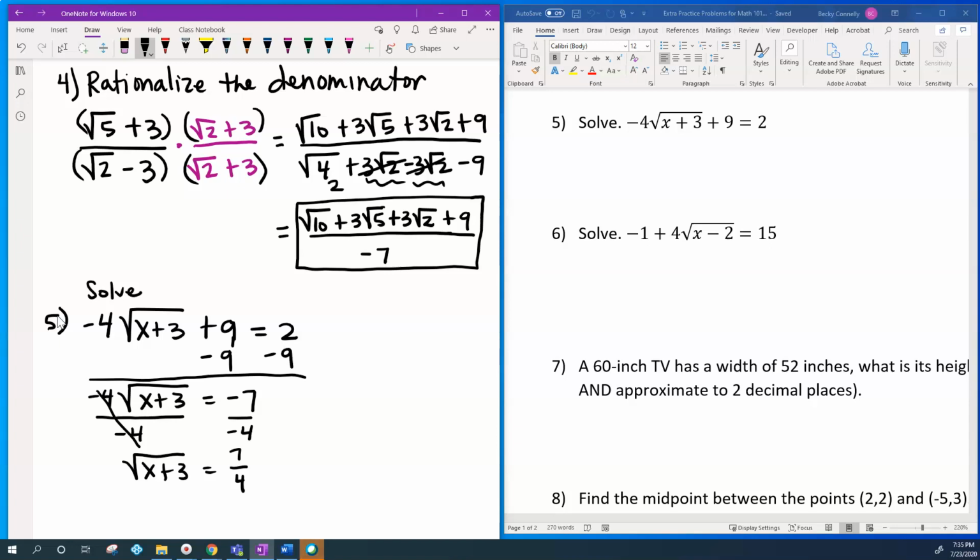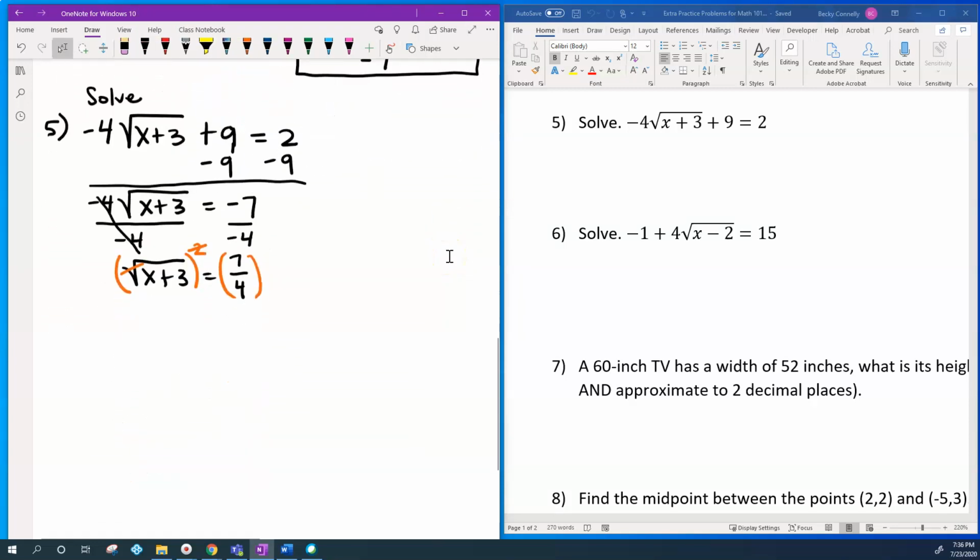What do we do now? How do you undo square rooting something? Yeah, square both sides, right? So you're always thinking, whenever there's a way to do something, there's a way to undo it. So to undo that square root, I square both sides. And it comes out of the square root.